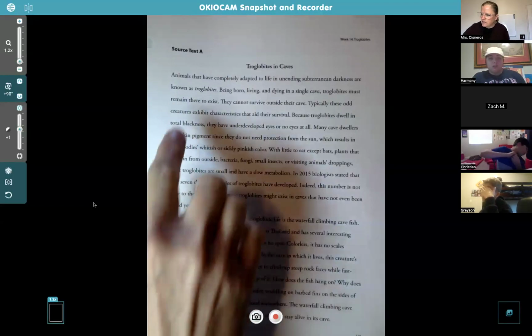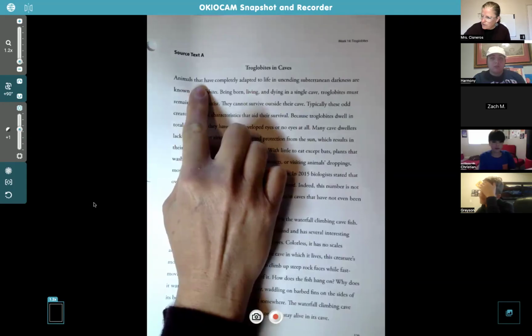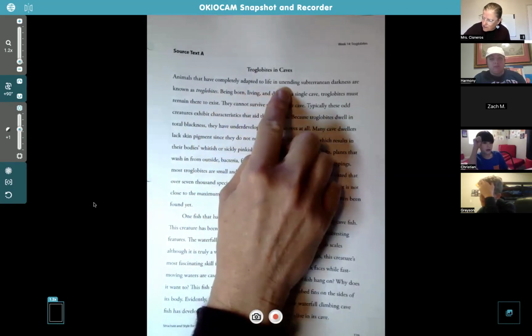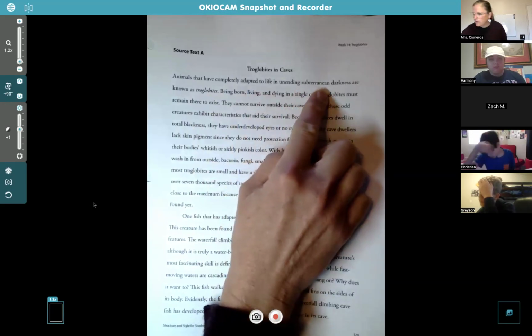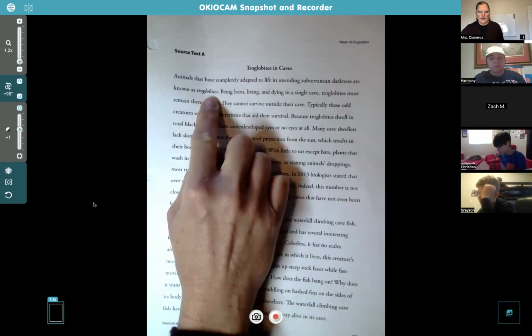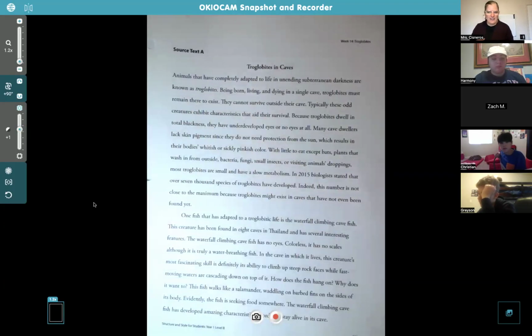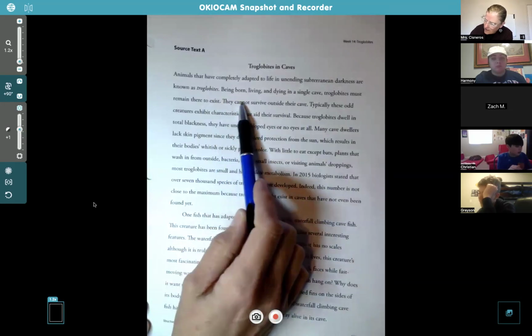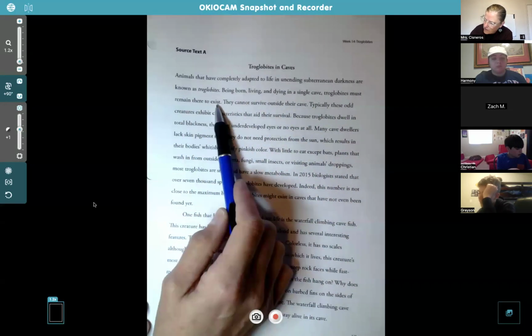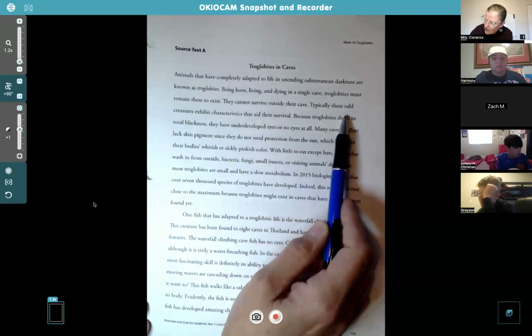The first sentence says, animals that have completely adapted to life in unending subterranean darkness are known as troglobites. Okay, so already I hear darkness. Interesting creatures, they live in the dark. Now I'm going to let my eyes go and scan along. I see single cave. I see remain there to exist. Cave again.